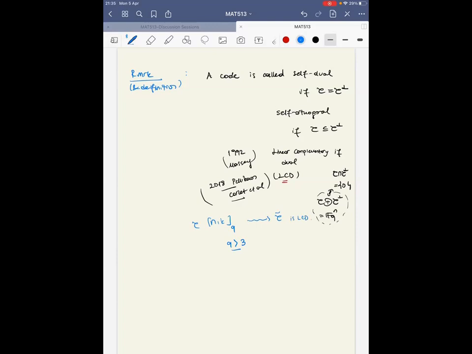And equivalently, if you begin with an LCD code, you can also get a linear code. And I think this is quite an important result in the characterization of linear codes.